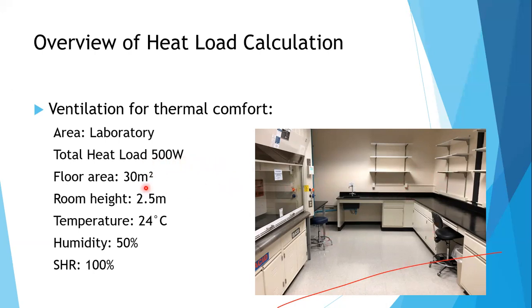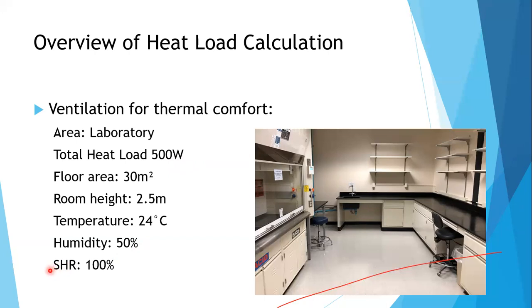Floor area of the laboratory, again, 30 square meters, is also an assumed value. Let's say our room height is about 2.5 meters, also an assumed value. Our design temperature for this laboratory is about 24 degrees Celsius with a humidity of 50%.